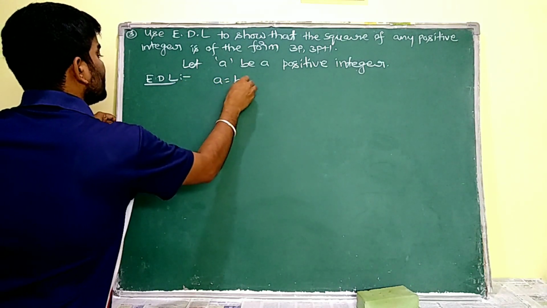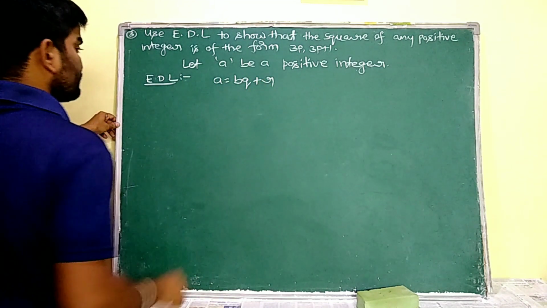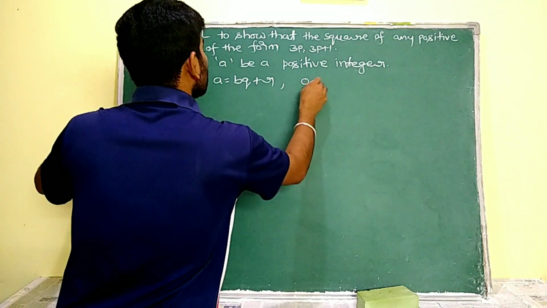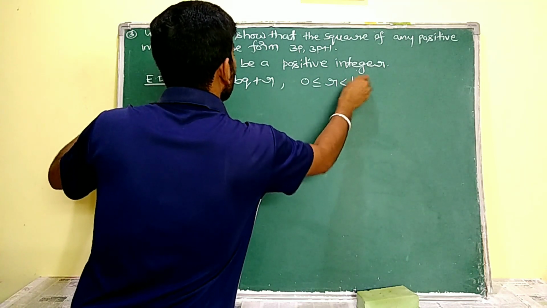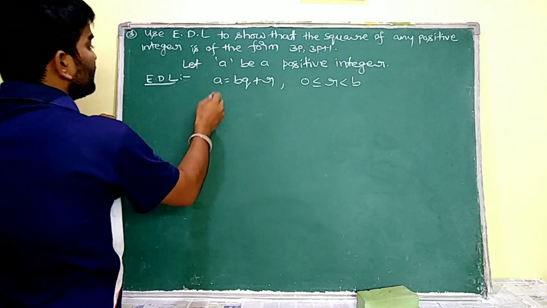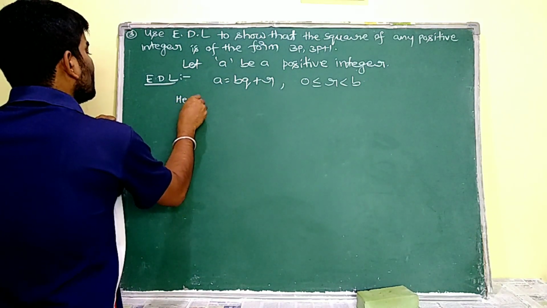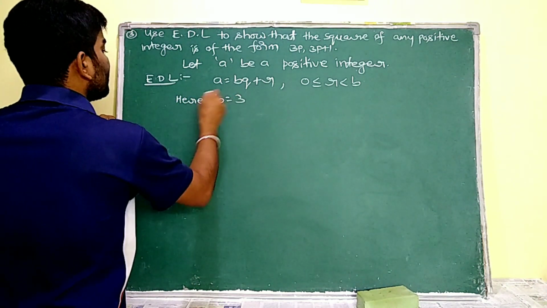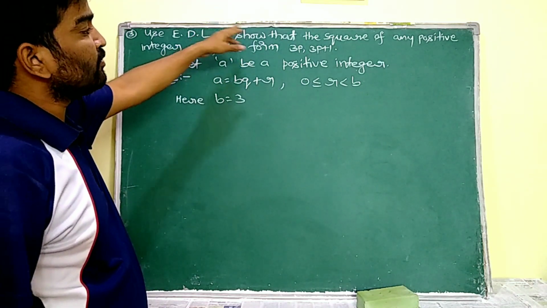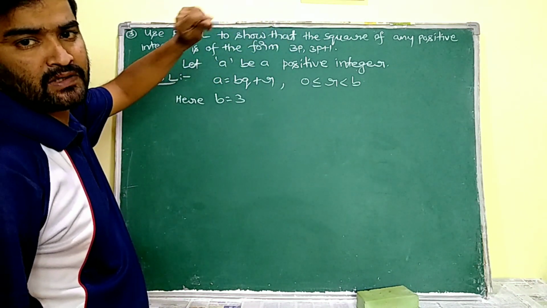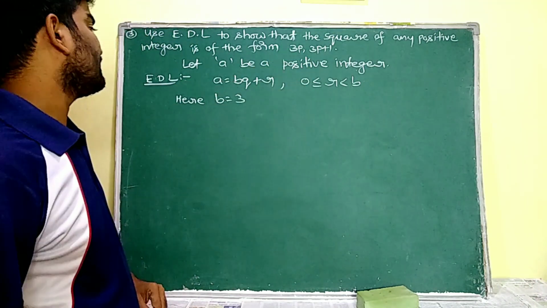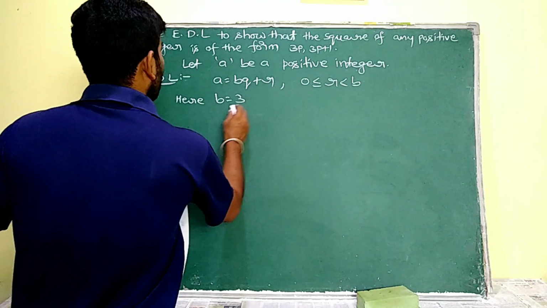Here I am going to write only the key value, that is a is equal to bq plus r, and 0 is less than or equal to r is less than b. Clearly by the problem, b is equal to 3, because I have to compare the given value to 3p or 3p plus 1, that is b is equal to 3.